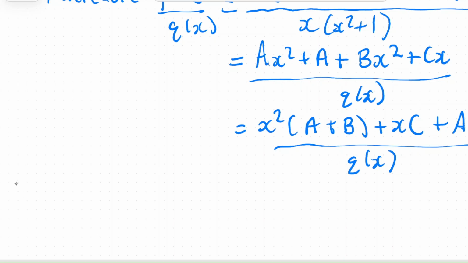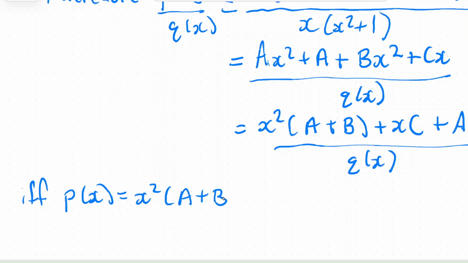So I'm going to say p of x, well, before we even go back to that, this would be true if and only if p of x is equal to x squared times (a plus b) plus x times (c plus a).